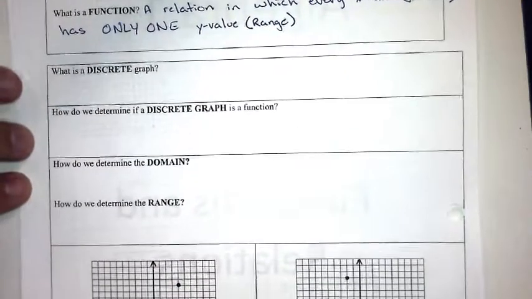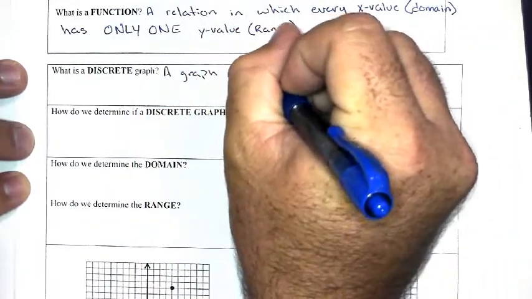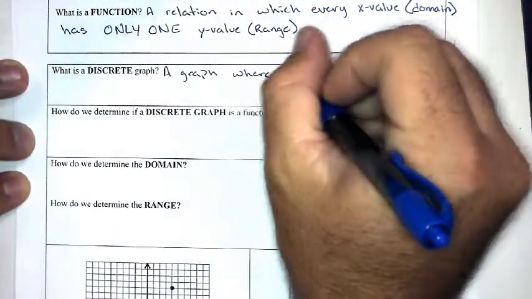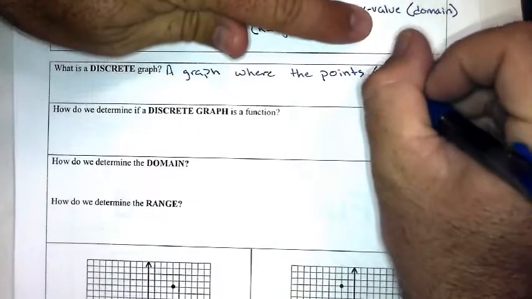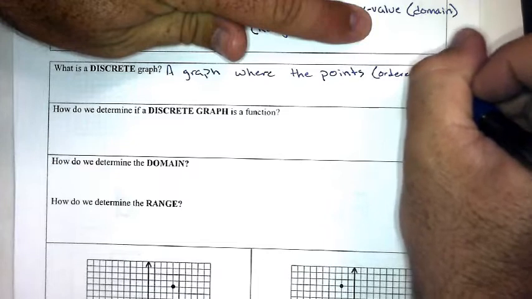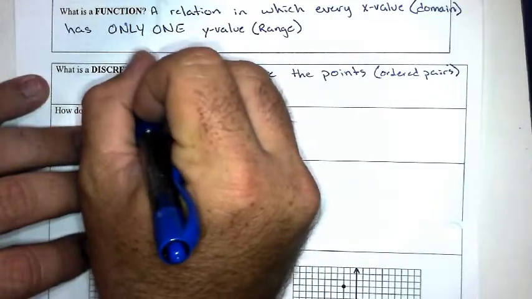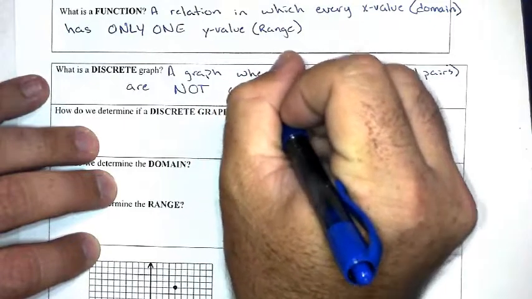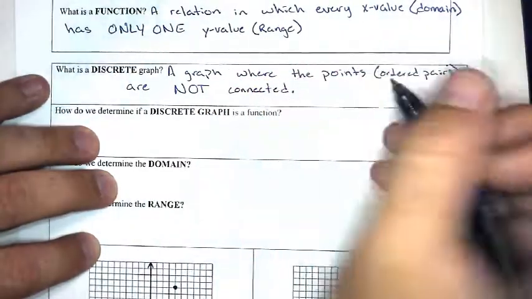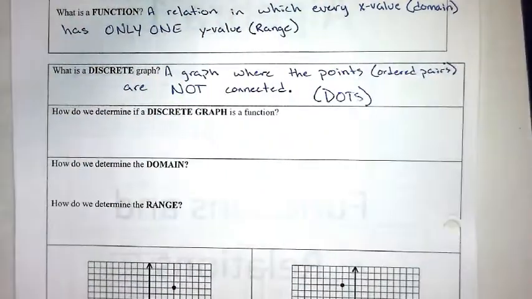A discrete graph is a graph where the points, aka ordered pairs, are, in all caps, not connected. And what you see on the graph is just a bunch of dots.